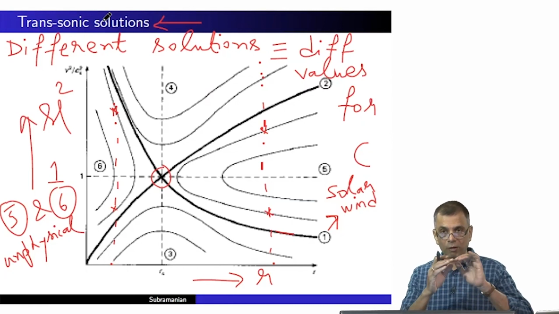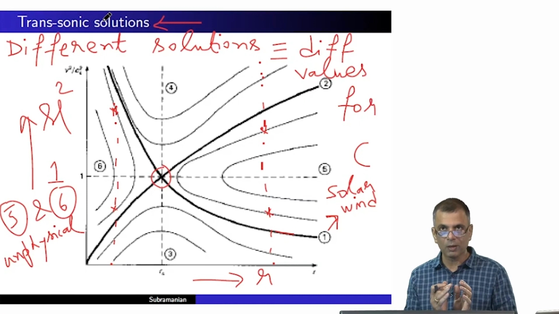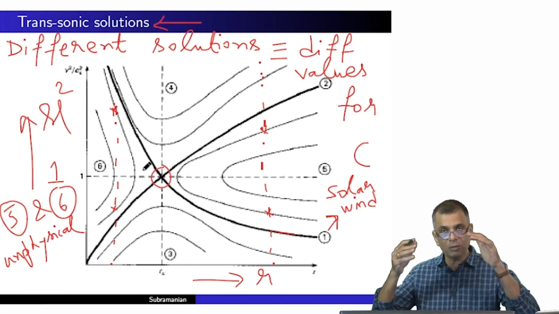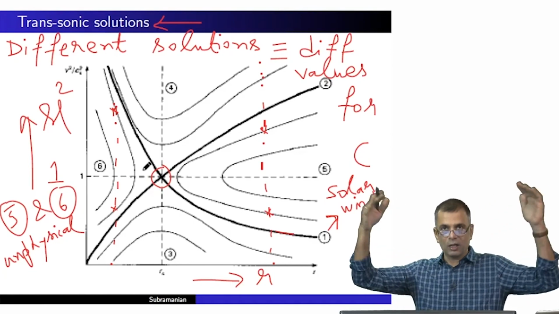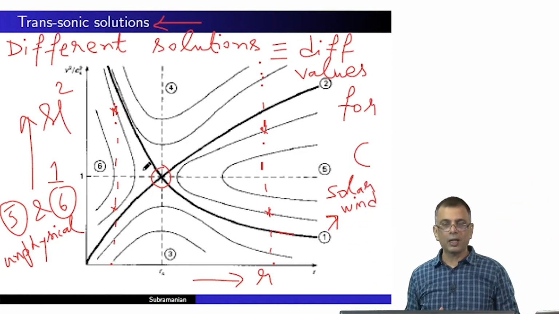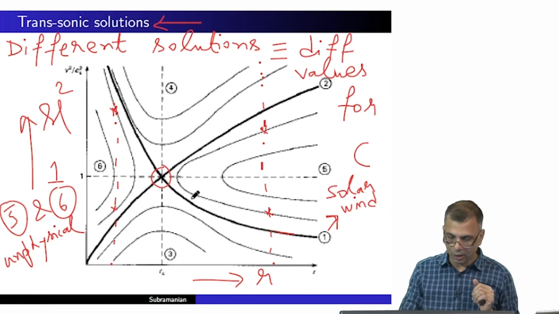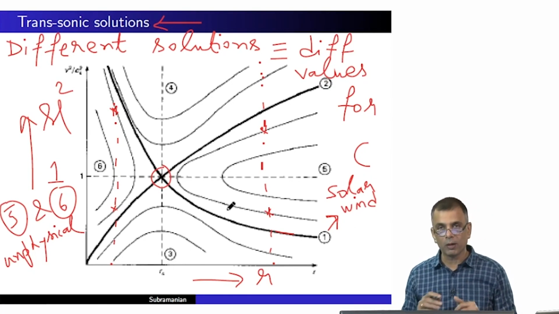So, you start from the surface of the sun, you have a subsonic flow, and it passes through the sonic point smoothly, and then it becomes a supersonic flow as you go on. Okay, and this is a spherically symmetric solution. So, we will talk a little more about this kind of supersonic solar wind, the solutions of the kind labeled by 1, when we meet next.